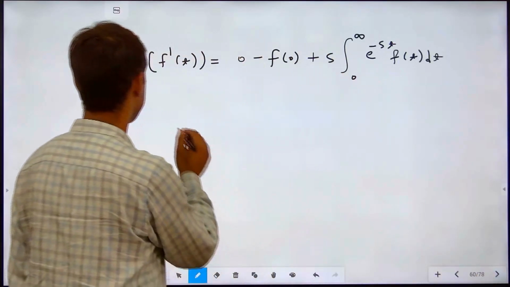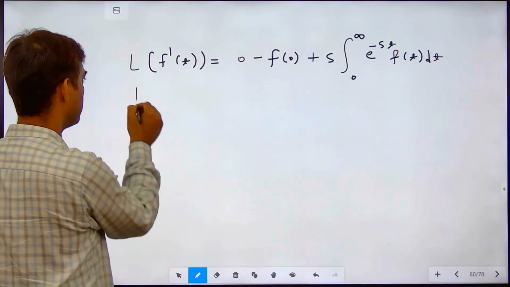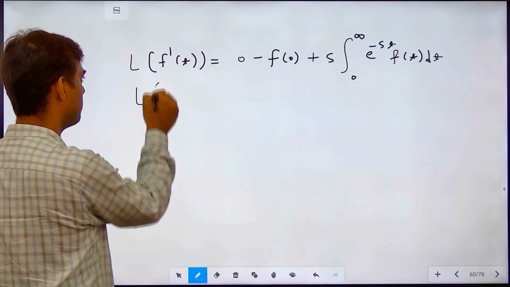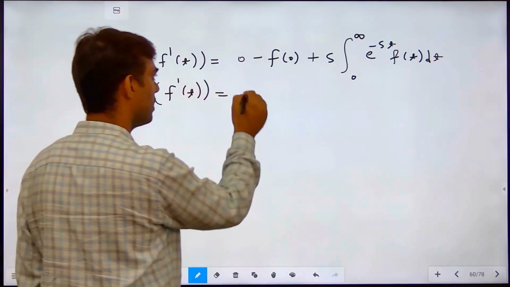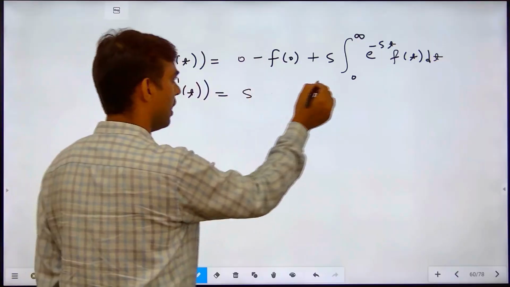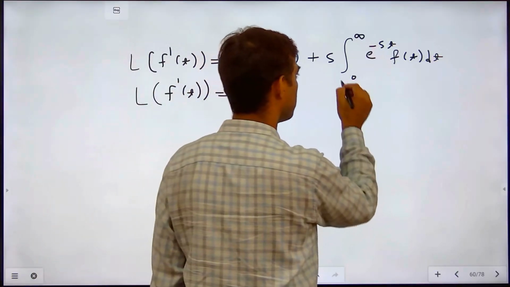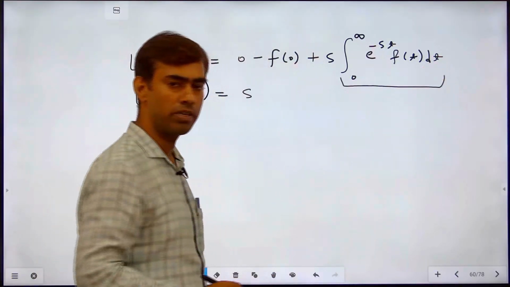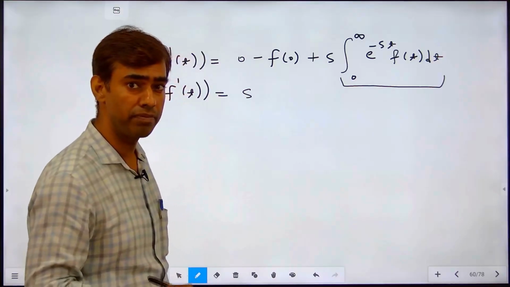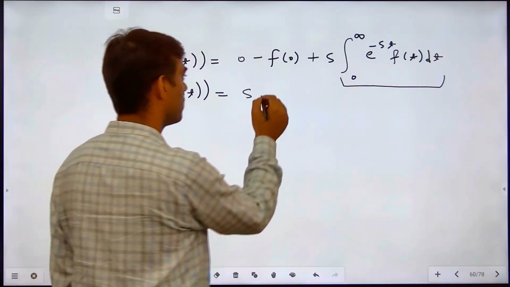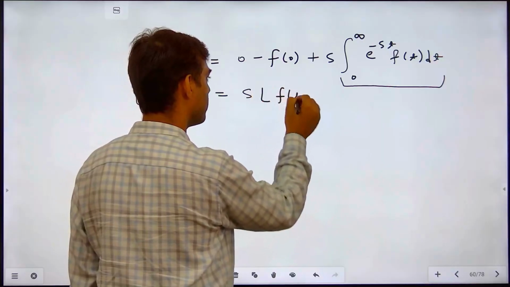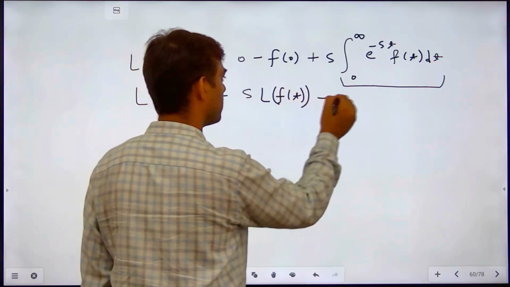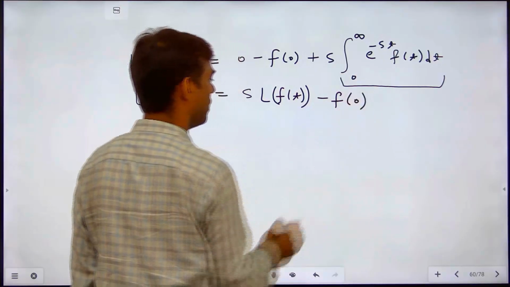So, after simplification, the Laplace transform of f'(t) equals s times the Laplace transform of f(t) minus f(0).